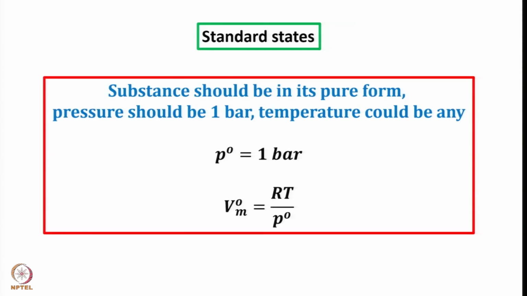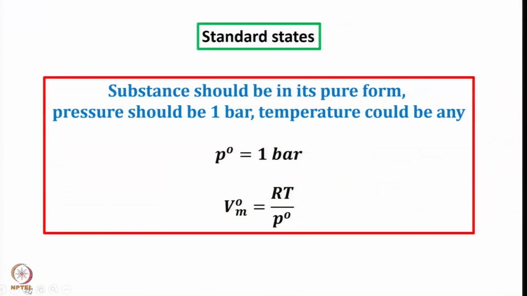So what is a standard state? First of all, we should be clear on what is a standard state. We have also discussed, or your teachers might have already discussed with you, what is a standard state. Usually, the answer comes: temperature 25 degrees centigrade. No, temperature can be any.